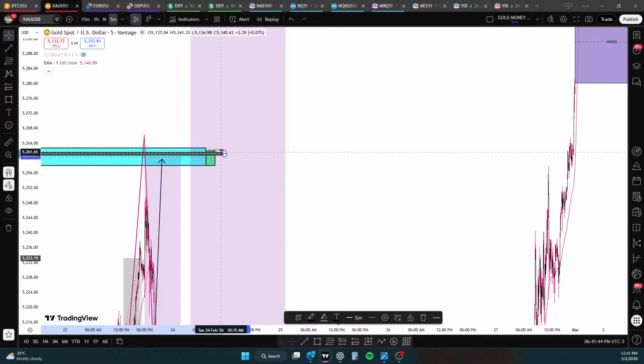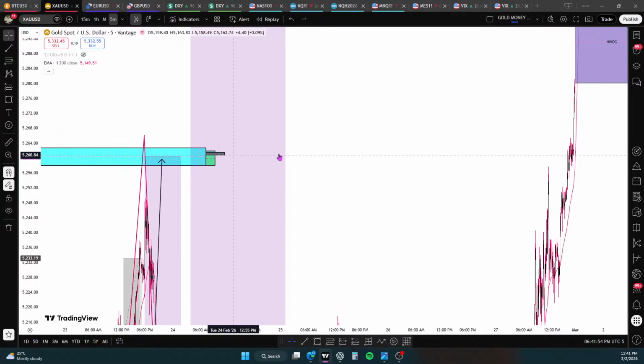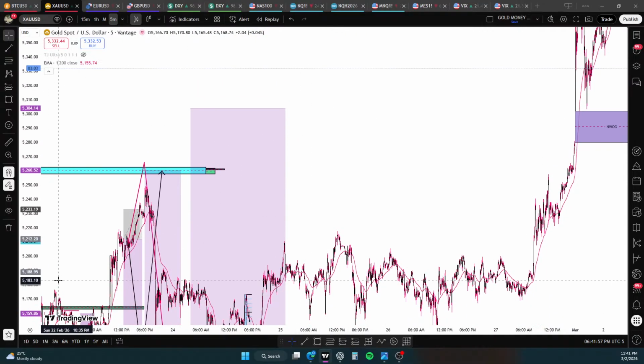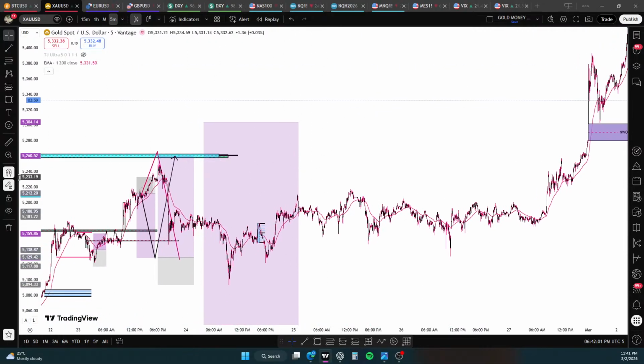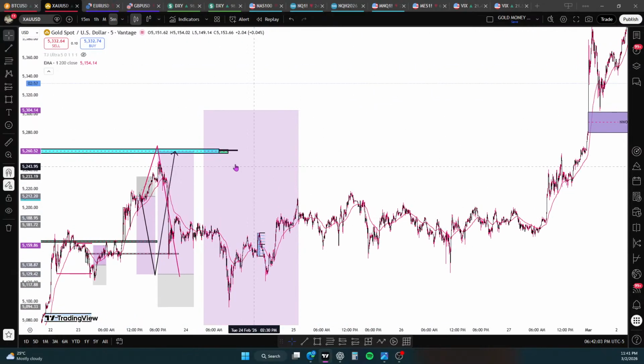So that's the London first presented fair value gap, the London Open Kill Zone first presented fair value gap, and this is the 6:30 a.m. 1 minute candlestick, because it represents roughly where price was in the pre-market session before price started opening up in New York for the day.